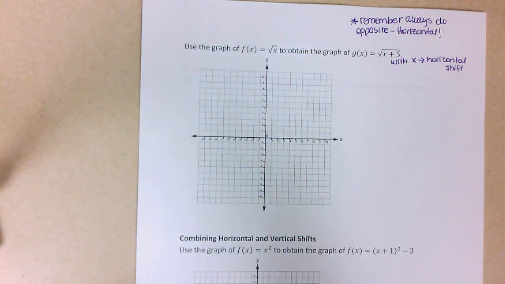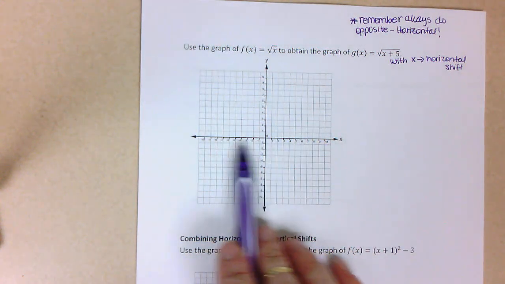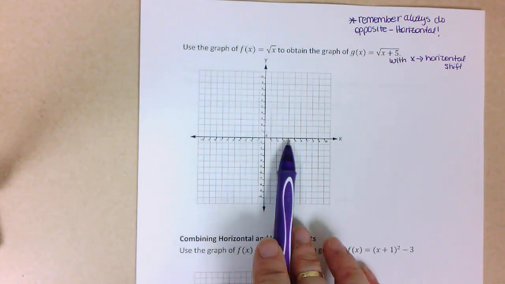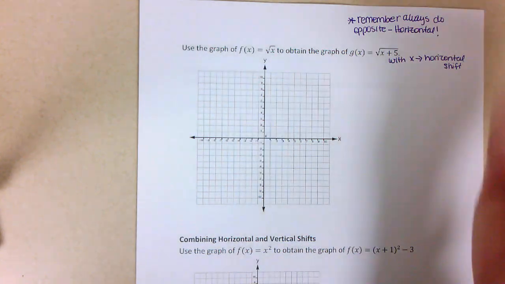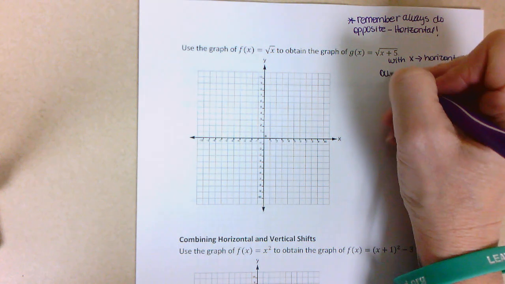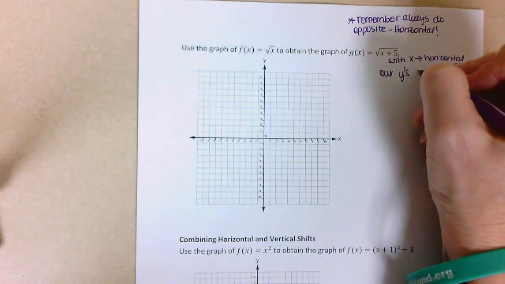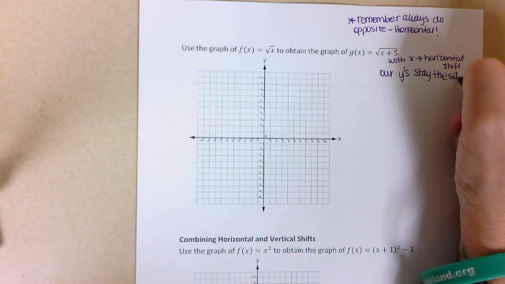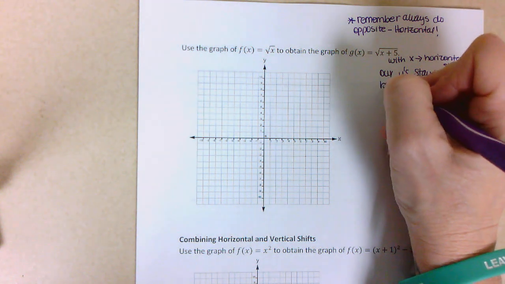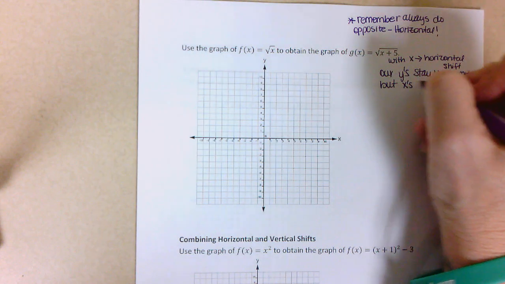So what this tells us, since it's going to be a horizontal shift, going this way, our x's are going to change, but our y's are going to stay the same. So our y's stay the same, but x's change.